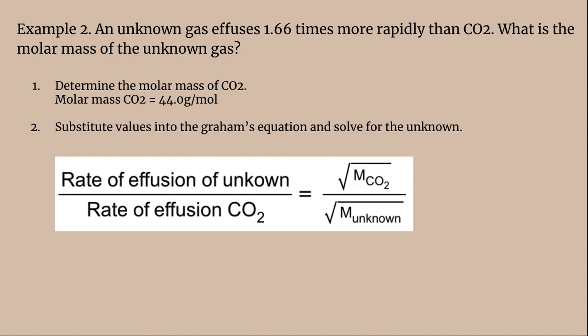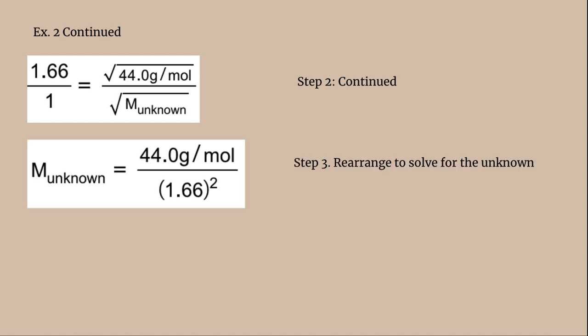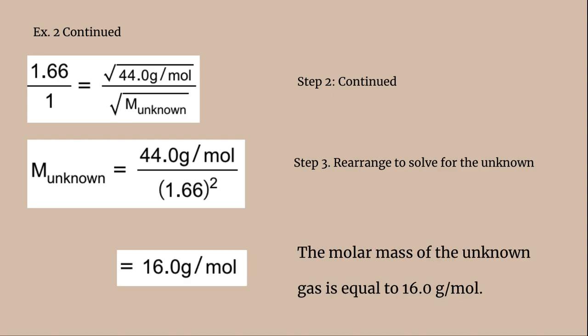We write out Graham's equation, and then we are able to substitute and rearrange the known values. With calculations, we can determine the mass of the unknown gas, which is equal to 16.0 grams per mole.